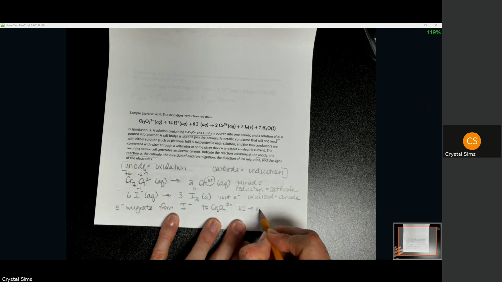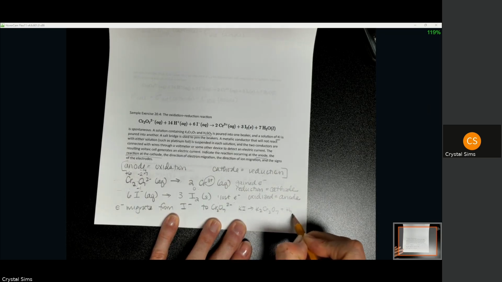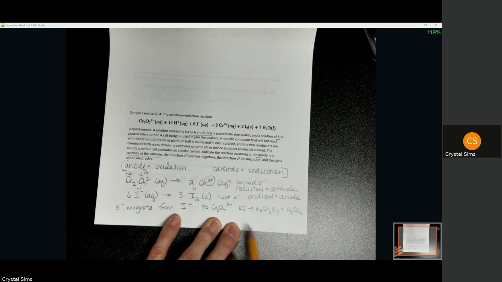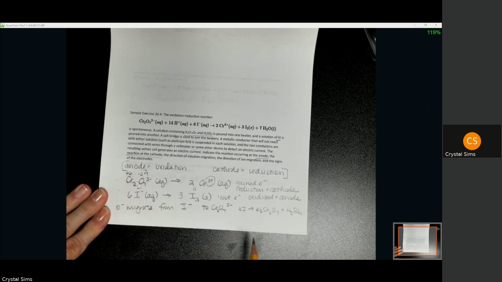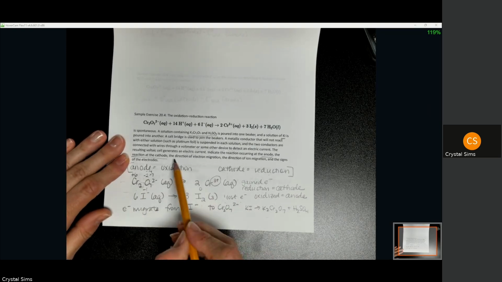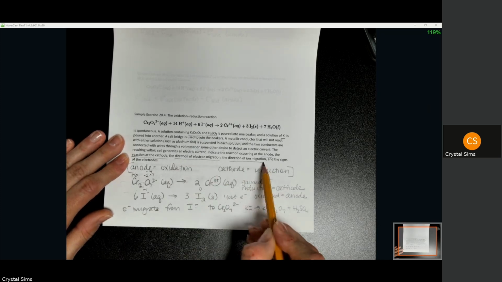So the electrons are migrating from the potassium iodide solution to the potassium dichromate and sulfuric acid solution. Okay. Now, they also asked us the direction of ion migration. So what is our direction of ion migration?